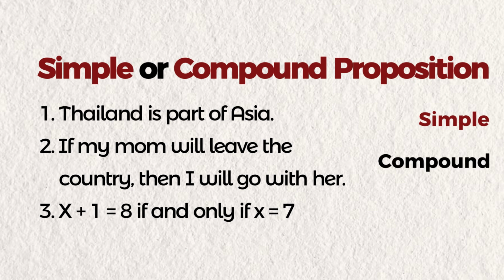That's correct. It is compound. It has the words if and then. Lastly, x plus 1 is equal to 8 if and only if x is equal to 7. It's compound. It has the words if and only if.